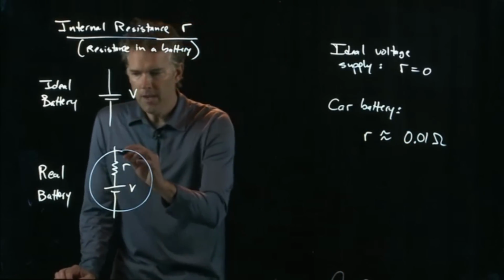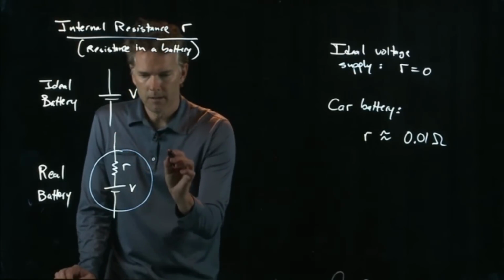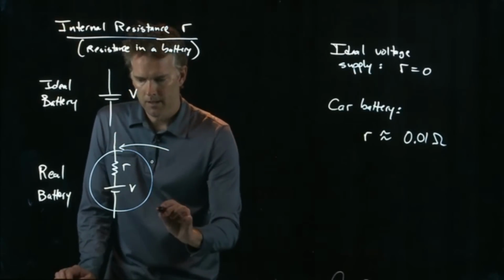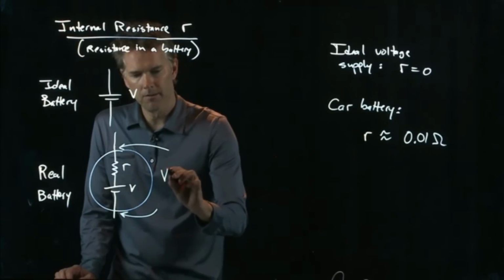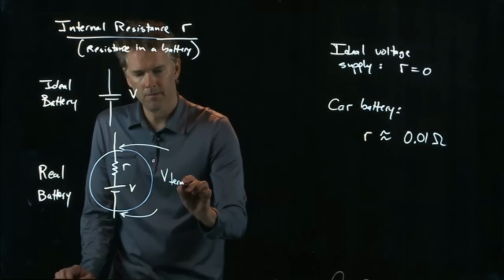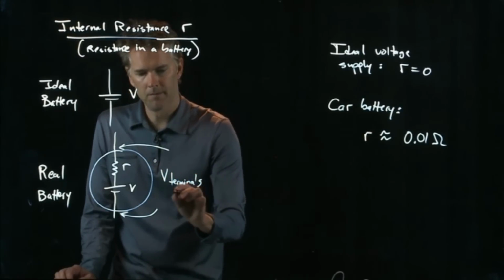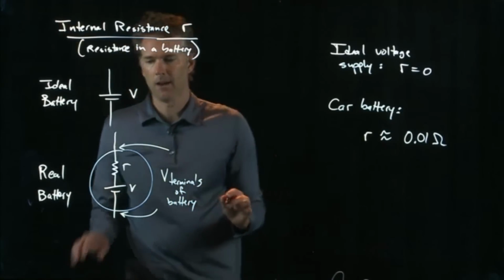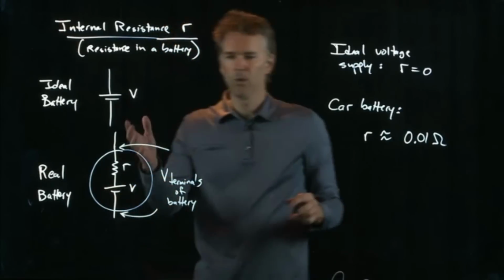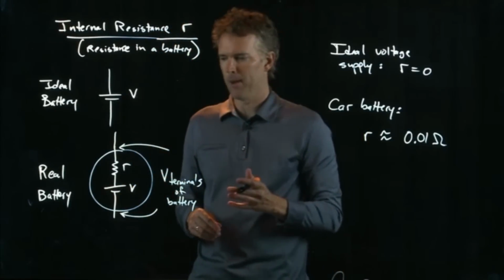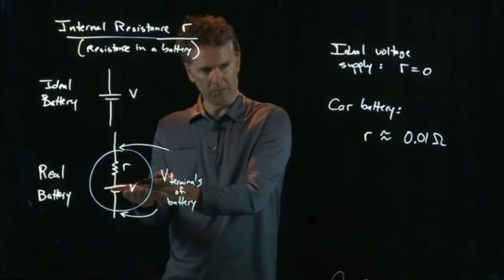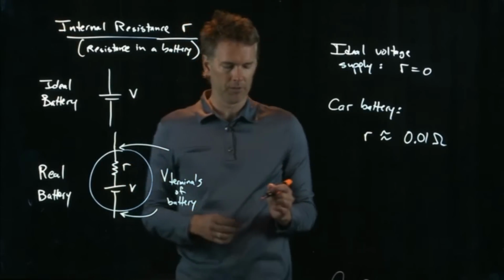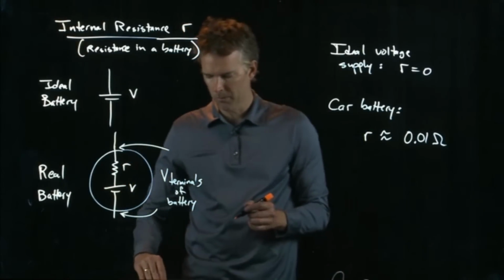Now, V of the battery is what's coming out here. What's coming out of the circuit, out of this circular region, is what you actually measure coming out of the battery. It's not only a voltage supply, it's a little internal resistance. And we call that the terminal voltage.